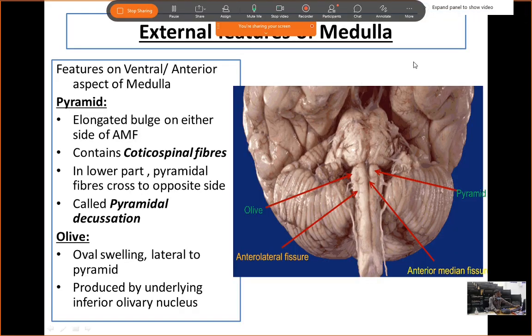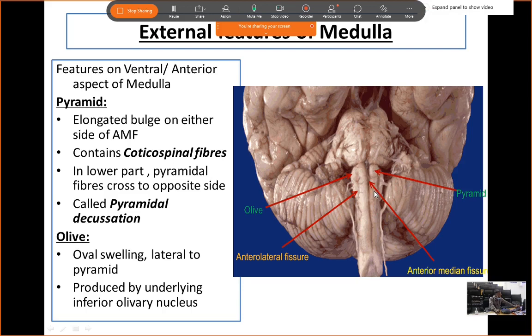Now come to the external fissures of the medulla oblongata. This is our ventral aspect of the medulla oblongata. This is our anterior median fissure. On either side of the anterior median fissure, we can see a vertical elevation.